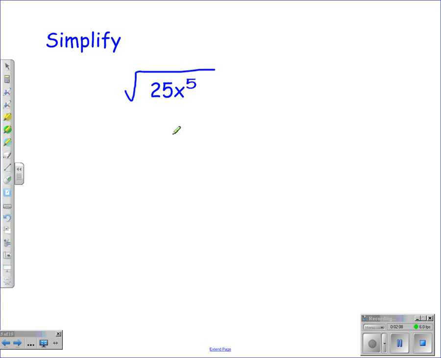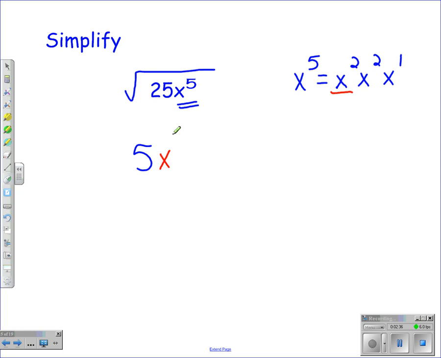Here we have the square root of 25x to the 5th. The square root of 25 we know to be 5. We can write that on the outside. Now we need to look at that x to the 5th. If you want to, break that x to the 5th up into x squared times x squared times x to the 1st. You know what the square root of x squared is. That's going to give us x.